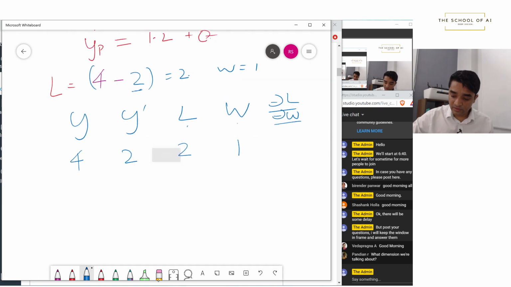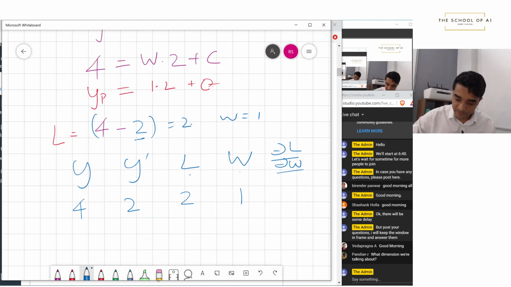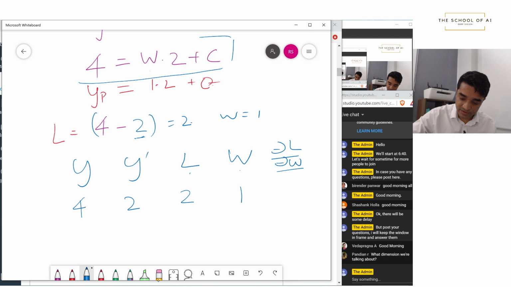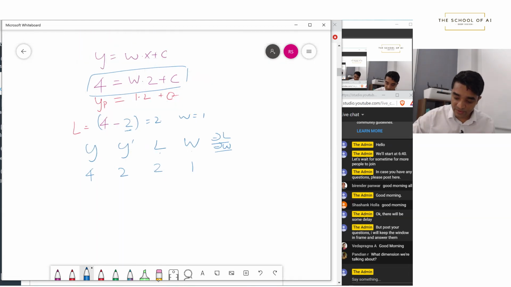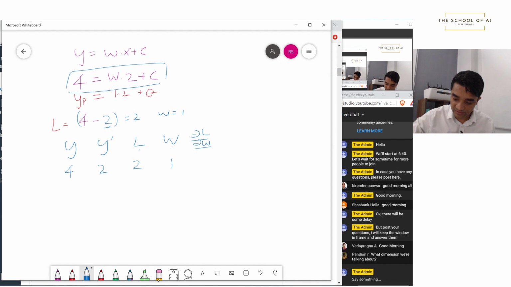Now if we go back to our equation, it can come from the equation also, but I want to do it manually as well. So this is y, right?